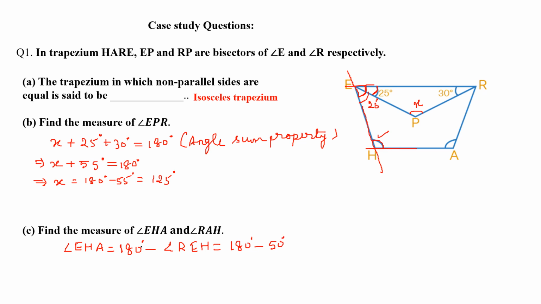So it is 50 degrees, and 180 minus 50 gives you 130 degrees. So angle EHA is 130 degrees. In the same way, angle RAH is 180 degrees minus angle ERA. If this is 30 degrees, this angle is also 30 degrees, so angle ERA completely is 60 degrees. So 180 degrees minus 60 degrees gives 120 degrees.